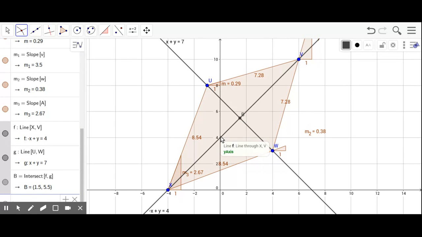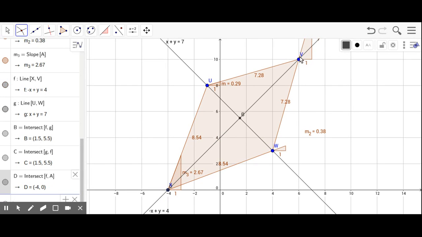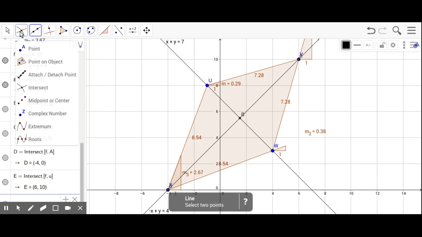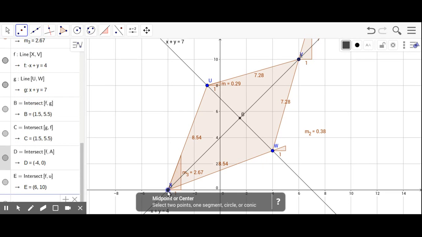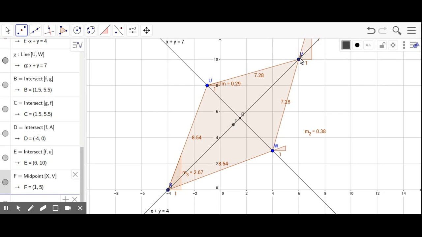However, the midpoint of VX is not the same as B. So the midpoint of UV is the same as the intersection between the lines, but the midpoint of XV is not the same as the point B there.